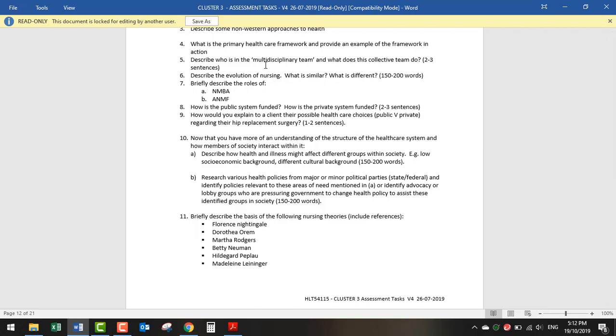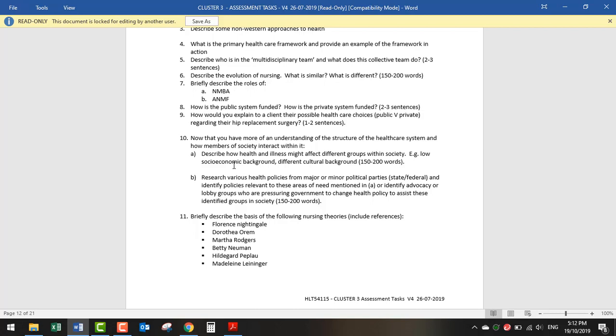And question B, the second part of this, research various health policies from major or minor political parties, state and federal, and identify policies relevant to the areas that you might have mentioned in here, these groups that we mentioned. So an example might be, what is happening in the health space?